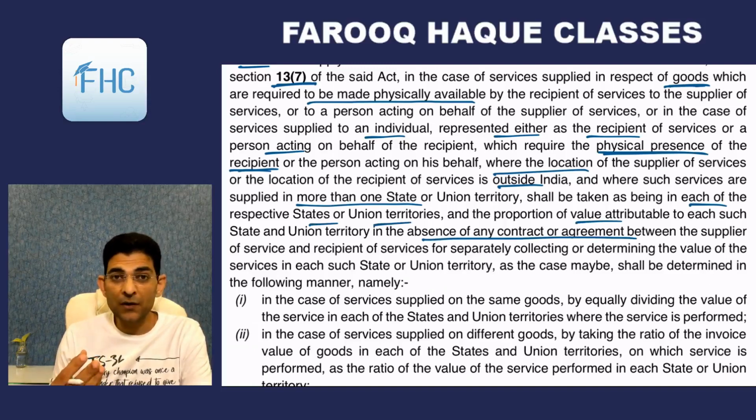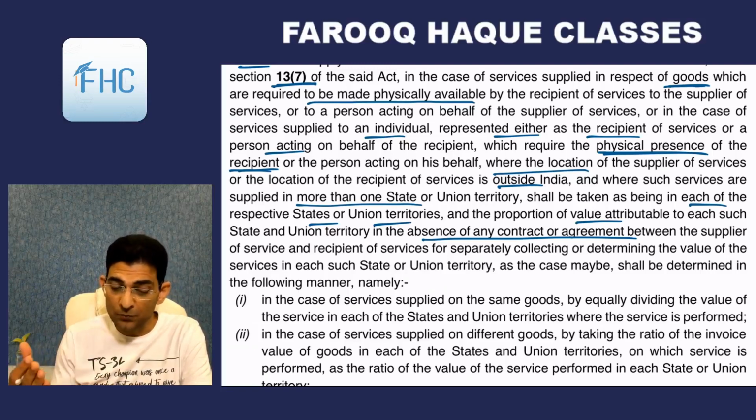So suppose if there is a contract or agreement, we will follow the contract, but in the absence of any separate contract or agreement dividing the value, as may be, shall be determined in the following manner.